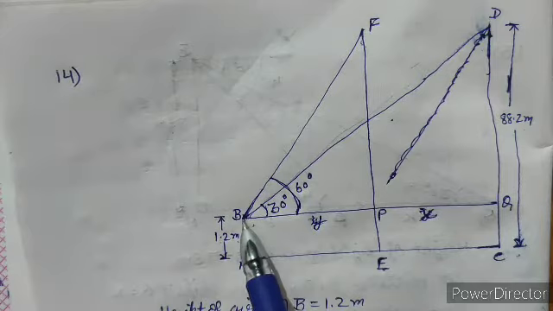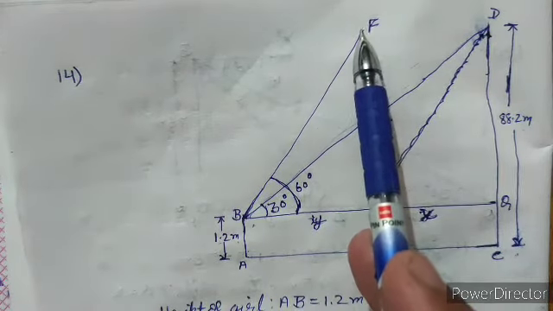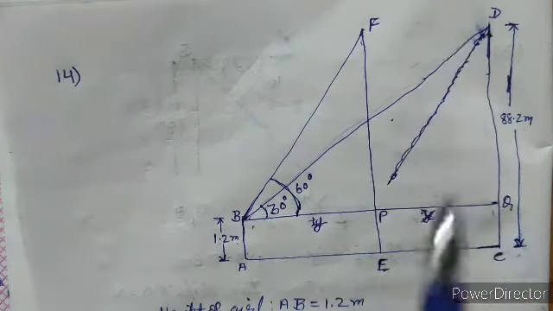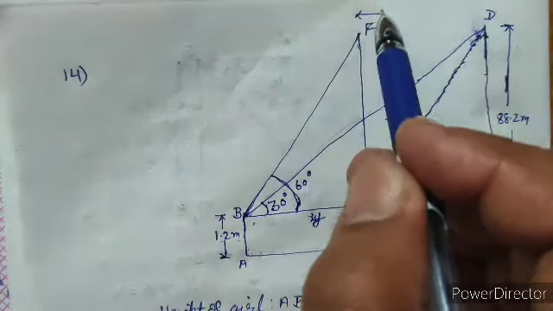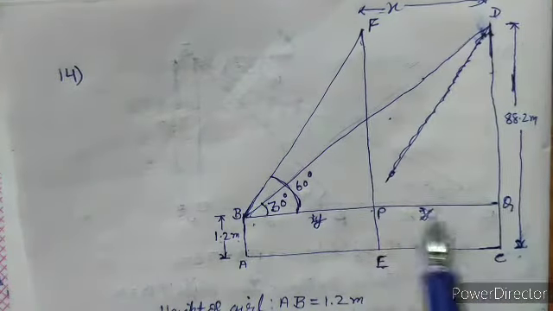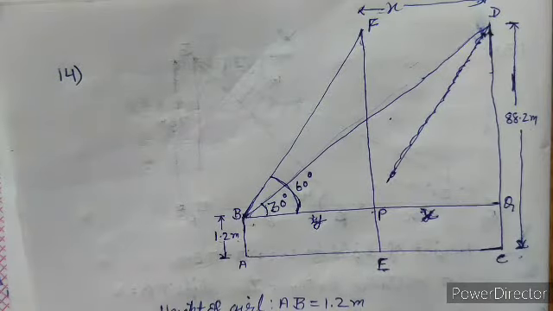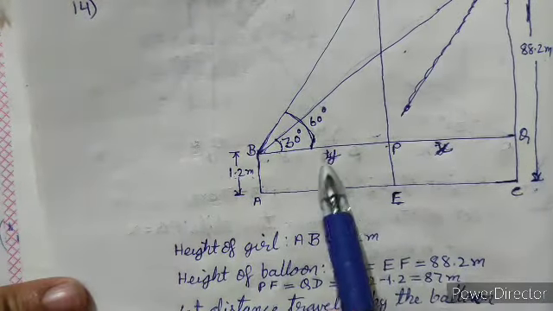So the distance moved by the balloon will be equal to FD. Now let the distance moved by the balloon, that is FD here, be X, and this FD will be equal to PQ, and that will be X. Now let BP be equal to Y.